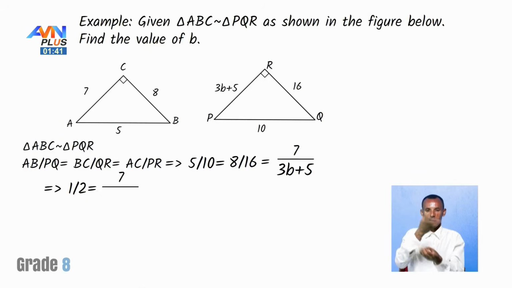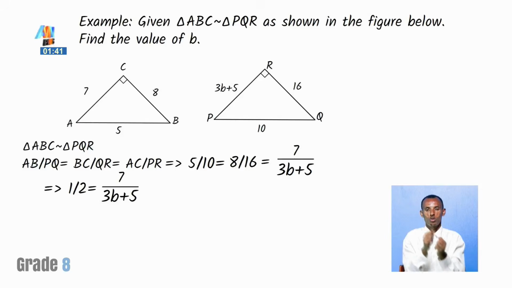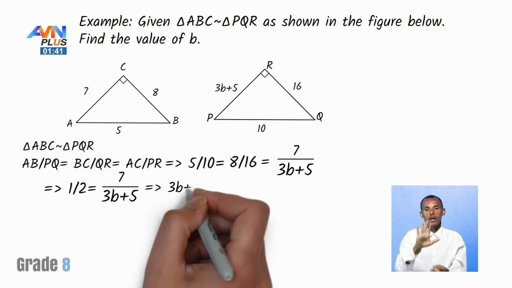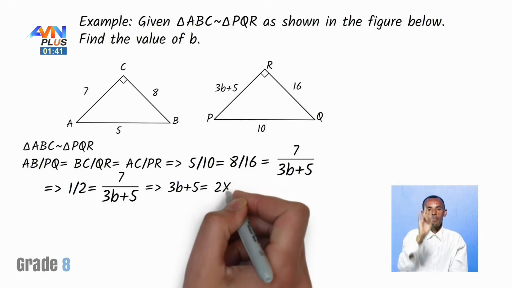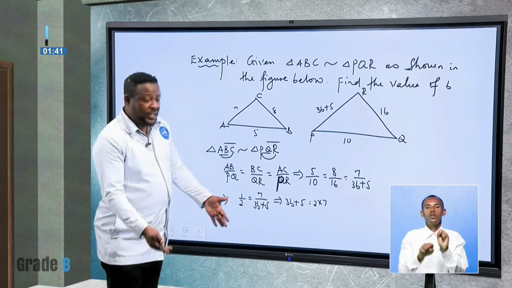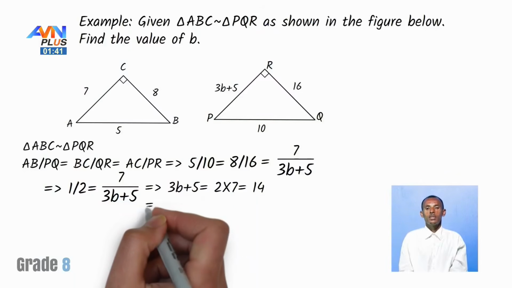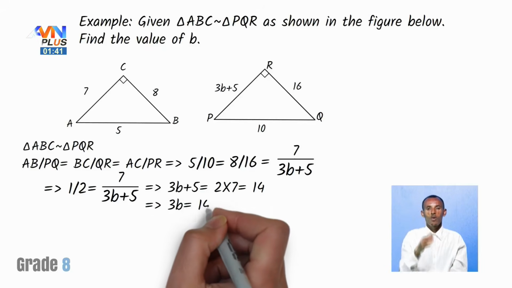Now you can take a crisscross on both sides. So this means 1 times 3b plus 5, which is 3b plus 5, is equal to 2 times 7, right? So 2 times 7 is 14. So this implies 3b plus 5 is equal to 14.